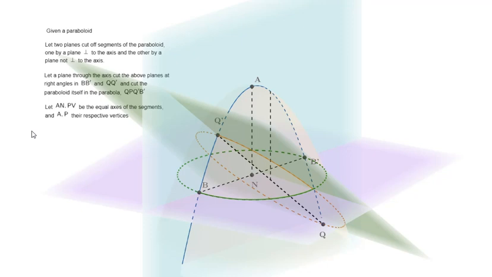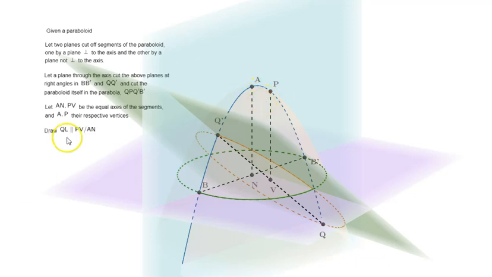This is P and this is V. The construction has been done in such a way that AN is equal to PV. That means the axes of these two segments of the paraboloid are equal, and A and P are their respective vertices.